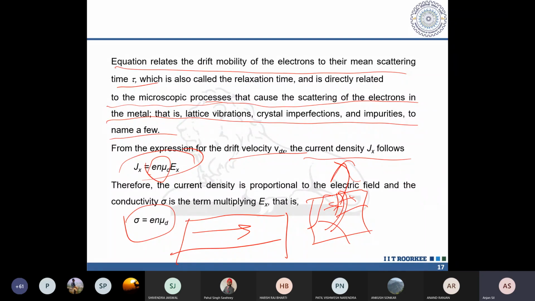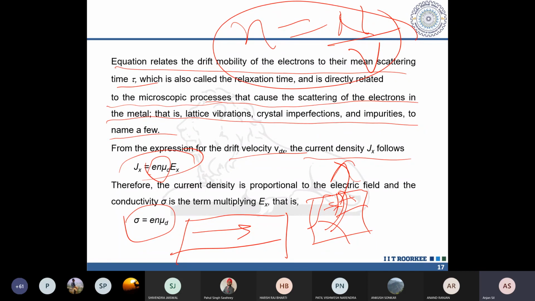So the conductivity is finally a multiplication of three terms: one is e, another is n, the charge carrier density, where n is equal to N divided by V, into mu D. And mu D is connected with the expression we have derived, so it is related to tau. These three things collectively decide the conductivity.